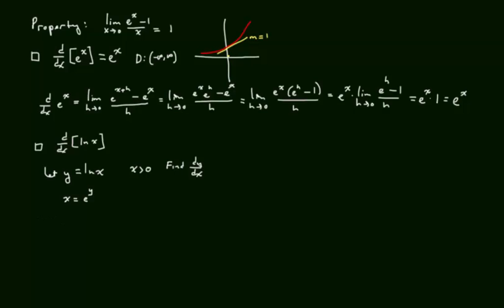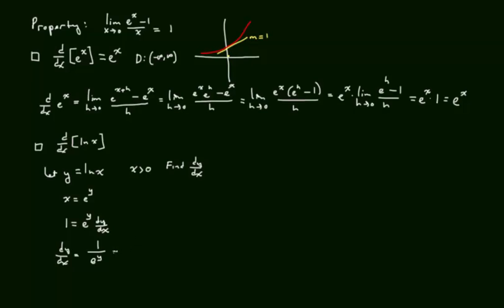Now we're going to use implicit differentiation. The derivative of x with respect to x is 1, and the derivative of e to the y with respect to x is e to the stuff times the derivative of the stuff, employing the chain rule. So that tells me that dy/dx is equal to 1 over e to the y.